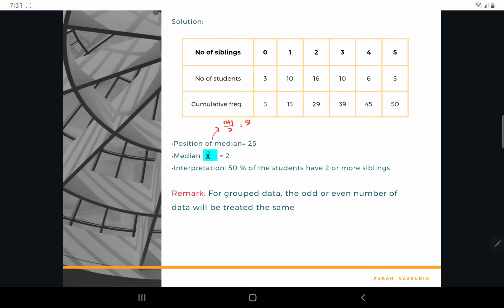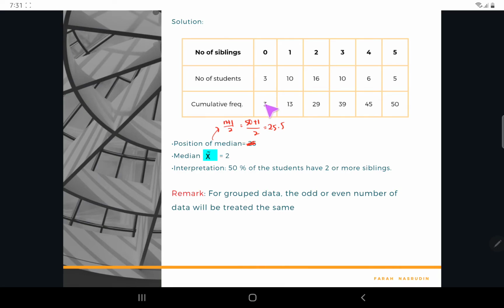So 50 plus 1 divided by 2 equals 25.5. So the position of the median is the 25.5th data. So where is the 25.5th data?